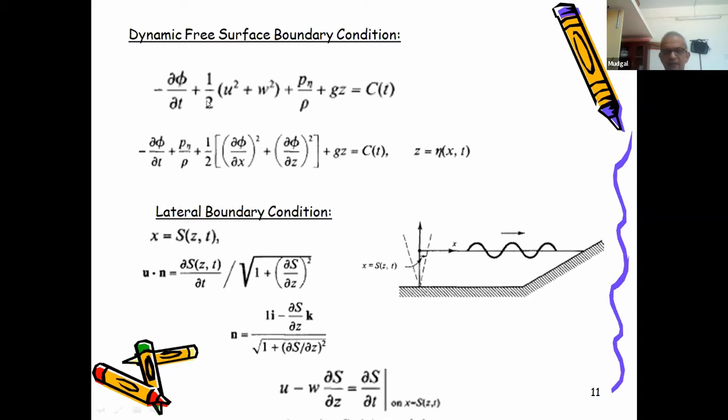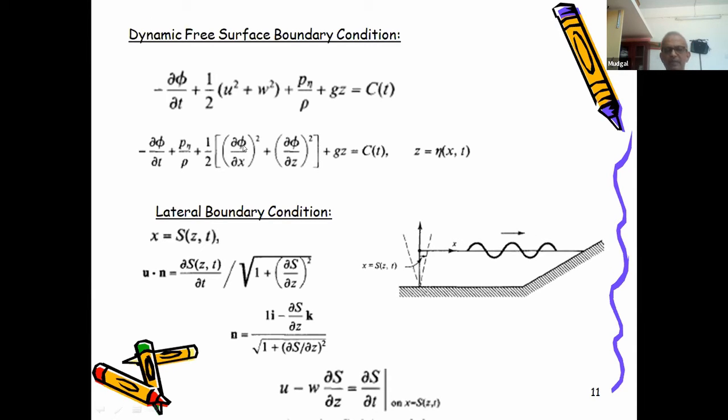Bernoulli's equation, which is the unsteady Bernoulli's equation: minus del phi by del t plus half of u squared plus w squared plus p at eta over rho plus g z is equal to a constant which is a function of time. So this is the unsteady Bernoulli's equation. And for u and w, you can substitute the definitions from the velocity potential.